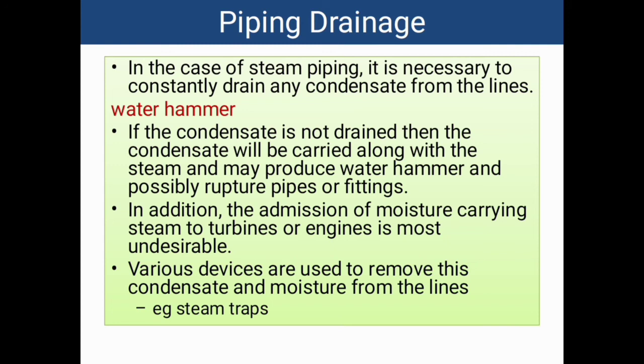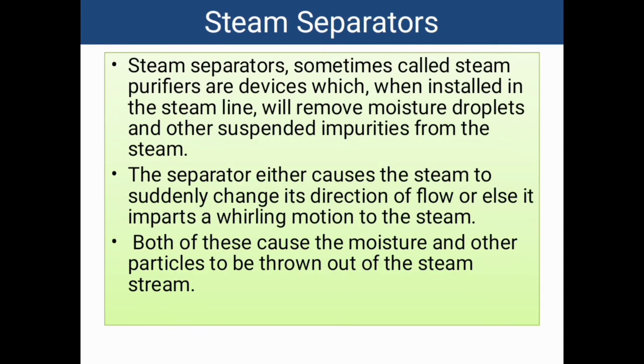This is called water hammer. So to avoid this water hammer, now and then at a particular interval of length, we have to drain some steam from the pipelines. Then only we can avoid the water hammer. That is called piping drainage. So we have to provide drainage facilities while designing a piping layout.